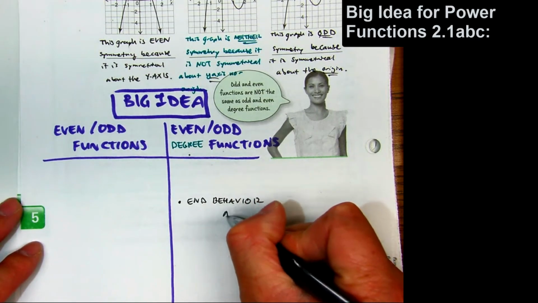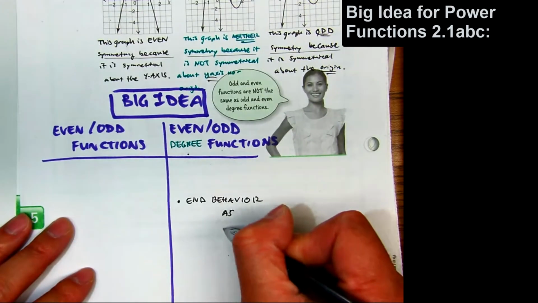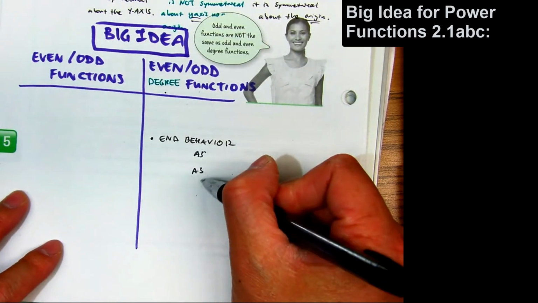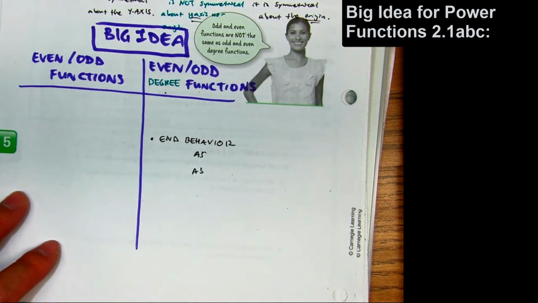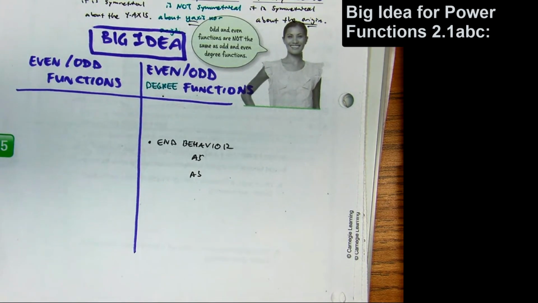As. Alberta, can you read the second one? As. There's a sentence for end behavior. Everyone talk to your partner, 10 seconds, ready to go. Alright, Marissa, you go first.